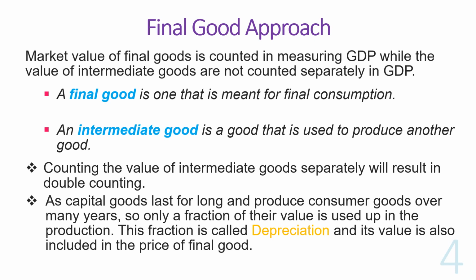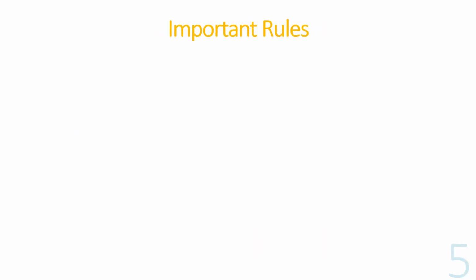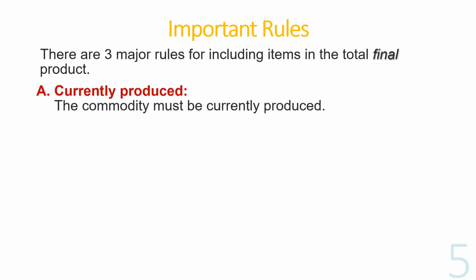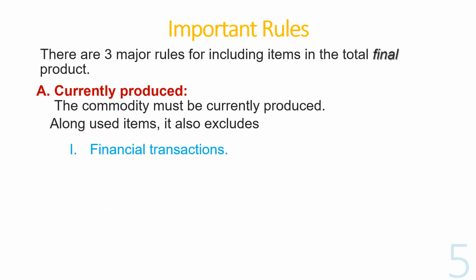There are three major rules of including items in total final product. First, currently produced. The good must be currently produced. Therefore, we exclude all used items. It also excludes financial transactions such as sale and purchase of bonds.